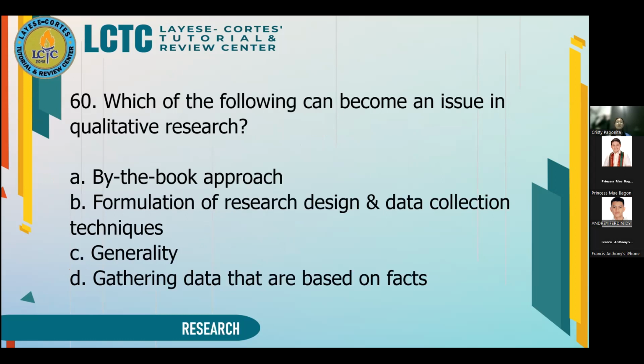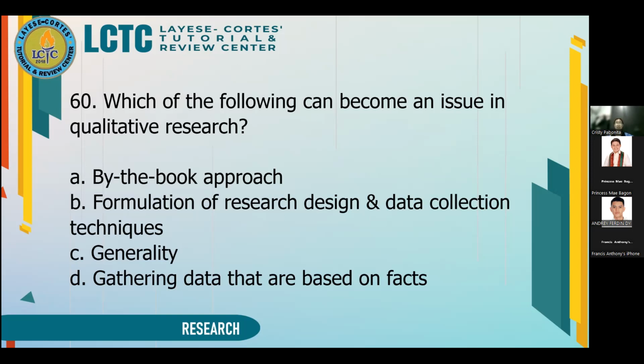60. So which of the following can become an issue in qualitative research? Okay, quality, right? So what do you think will become an issue for qualitative research? Letter B. Letter D. Formulation of research design and data collection techniques.